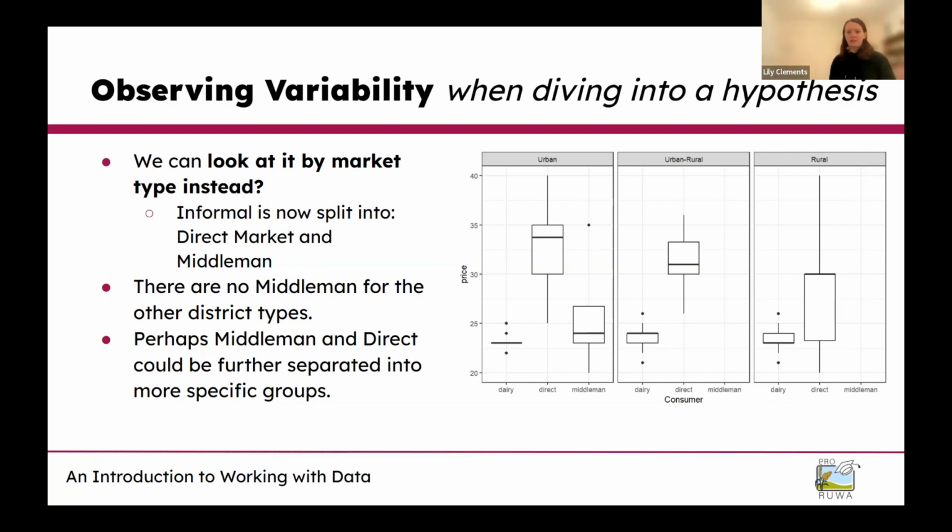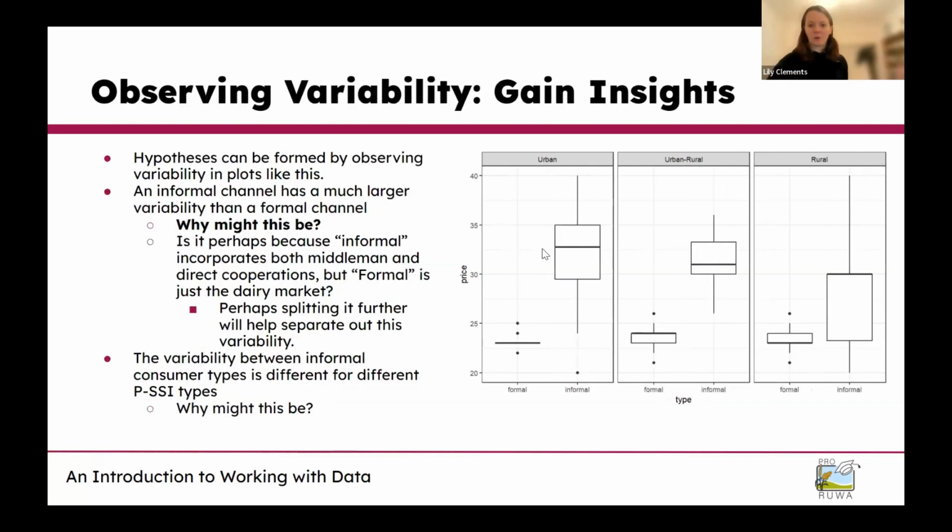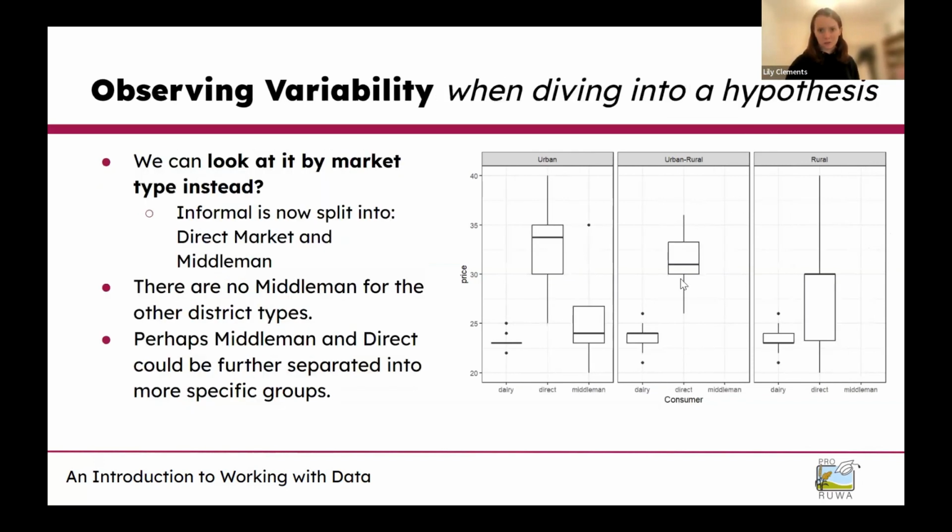If we look at direct, we can observe our variability and see, okay, this explains a little bit more. Before, our informal was really varied for urban and for rural, but for urban rural, it wasn't varied as much.